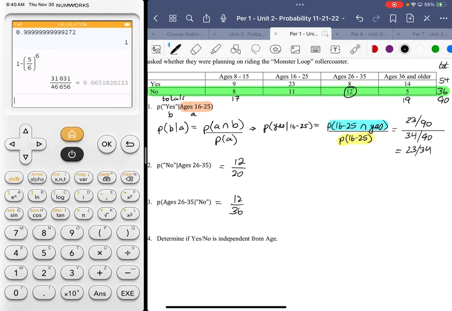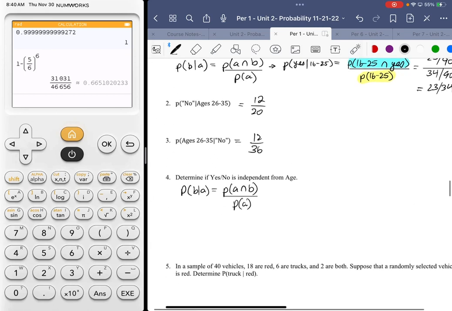When they ask you to determine if there's independence, what they're asking you to do is take essentially the formula: probability of B given A is equal to the probability of A and B over the probability of A. And really just alter the formula so that it's solved for probability of A and B, which we actually had on a previous page, and actually on the top of this page if I'm not mistaken.